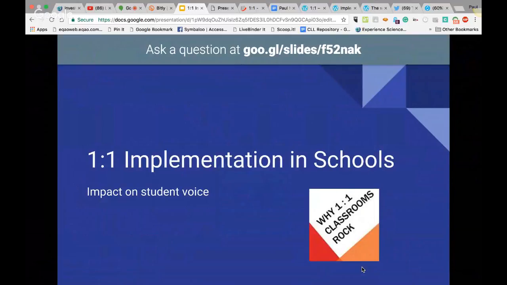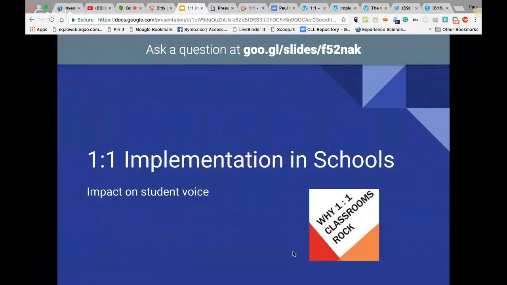I know in other parts of the city we have bring your own device policies, but a policy like that would not work at our school. Our kids simply wouldn't be able to get machines. So when you're in a high poverty area, the whole idea of bring your own device doesn't work. You need to have some form of a one-to-one program for your school.